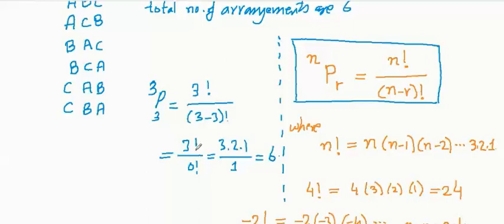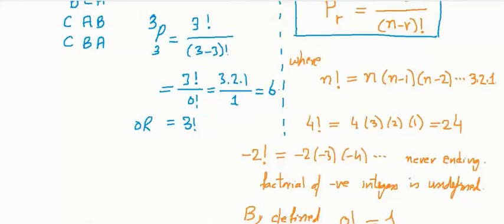Because in this case, according to the formula, n minus r, 3 minus 3, will become 0, so we get 0 factorial. So the denominator will always be 1 in this case. So this is also equivalent to 3 factorial, instead of using 3P3. Okay, is it clear?